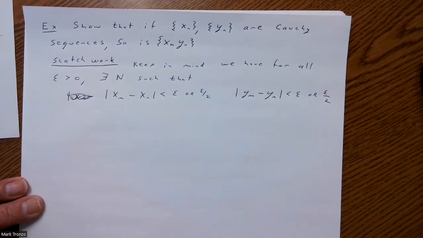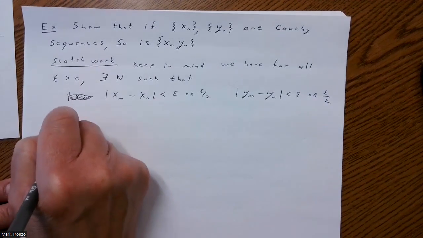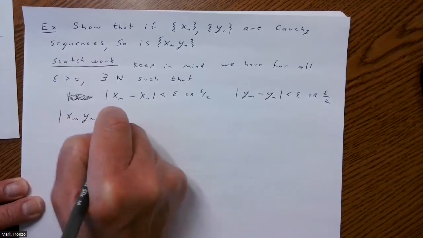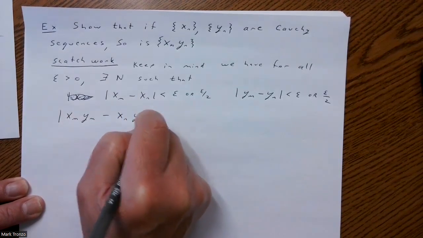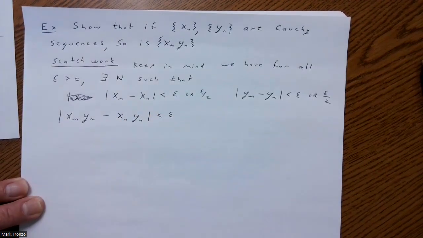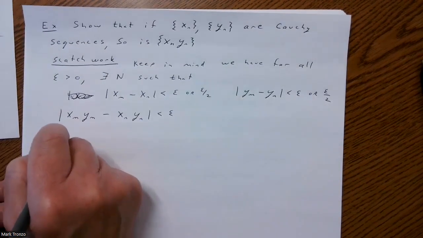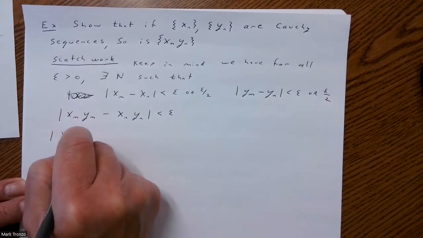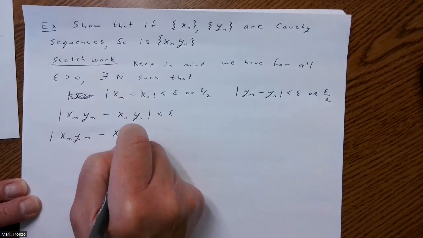And we almost want to do the same thing as before. So we want to try to get Ym Yn minus Xn Yn less than epsilon. And this time we have to do something a little bit special here. So start with this.